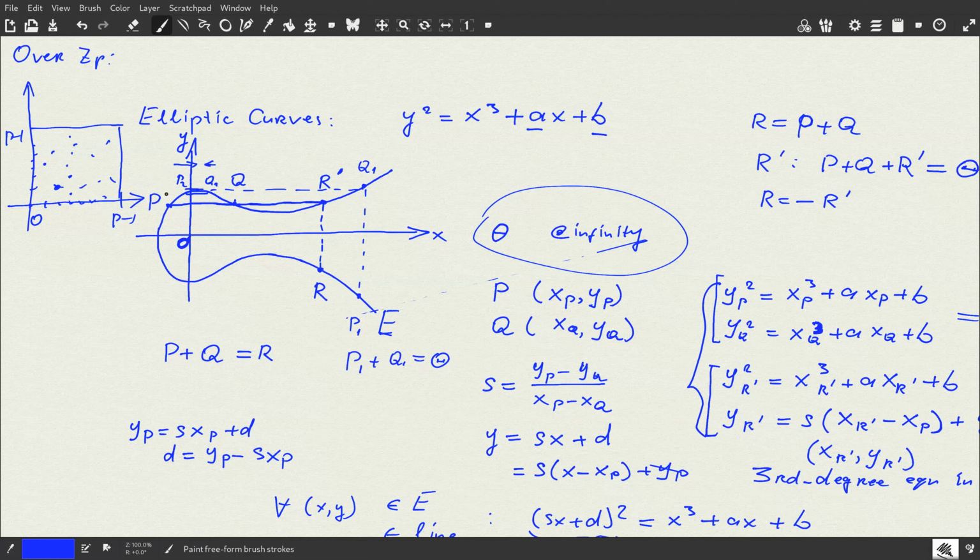It is a very good question, because what we are going to do is cryptography with those points. So this collection of ZP points is our elliptic curve E.